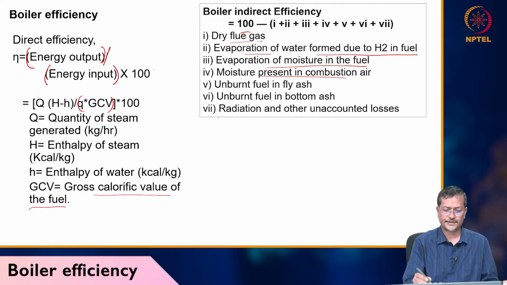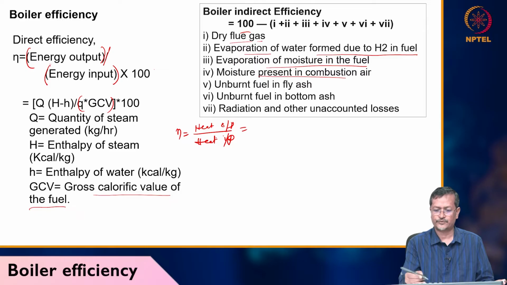Boiler efficiency, another formula we can write: eta equals heat output by heat input. IP means input, O/P means output. Input will be more and output will be less.